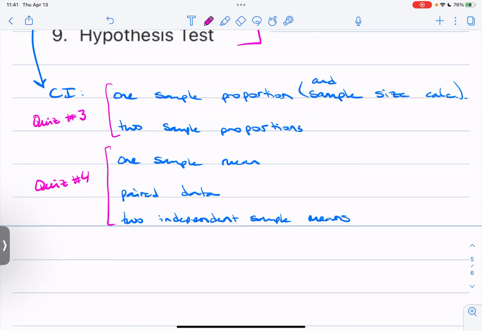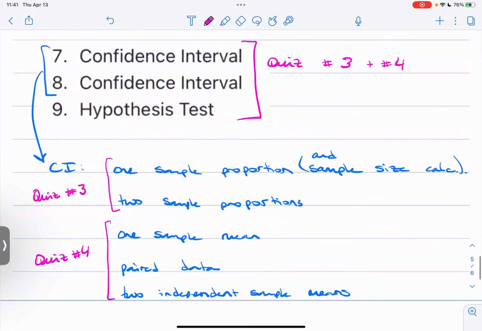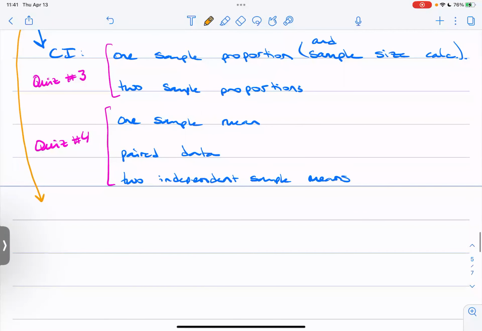So those are the options. So it's two of those. That's not very helpful, is it? I know it's not. But that's where I want to make the decision tree to help you decide which type.